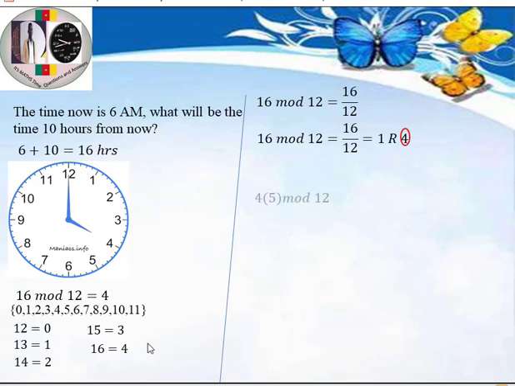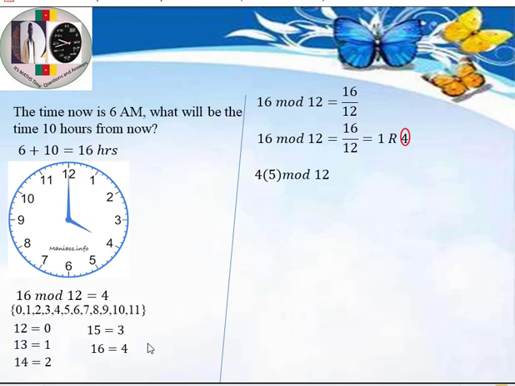Okay, we have 4 times 5 mod 12. That's another example. We multiply 4 by 5 and take modulo 12. Remember, modulo is the remainder arithmetic, so we are concerned totally with the remainder.